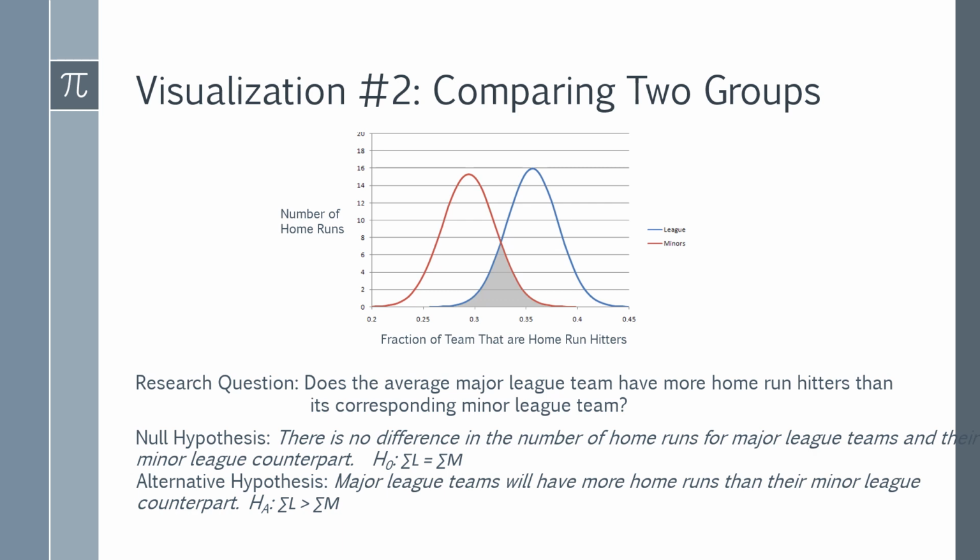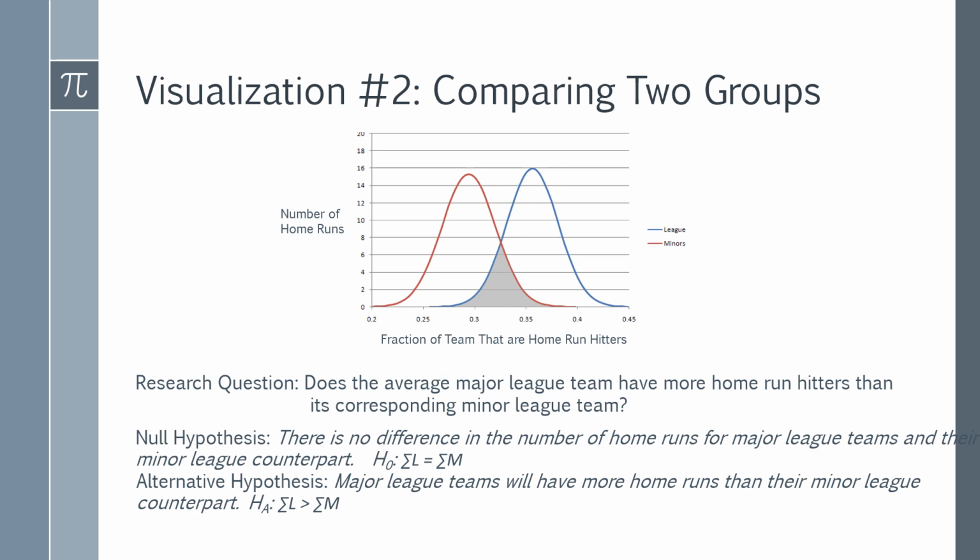we do see that there is slightly more total home run hitters for major league teams than minor league teams, but if we look at the fraction of the team that are home run hitters, it looks like somewhere between 35 and 40% of major league teams have 16 home run hitters, whereas only between 25 and 30% of minor league teams have those hitters.